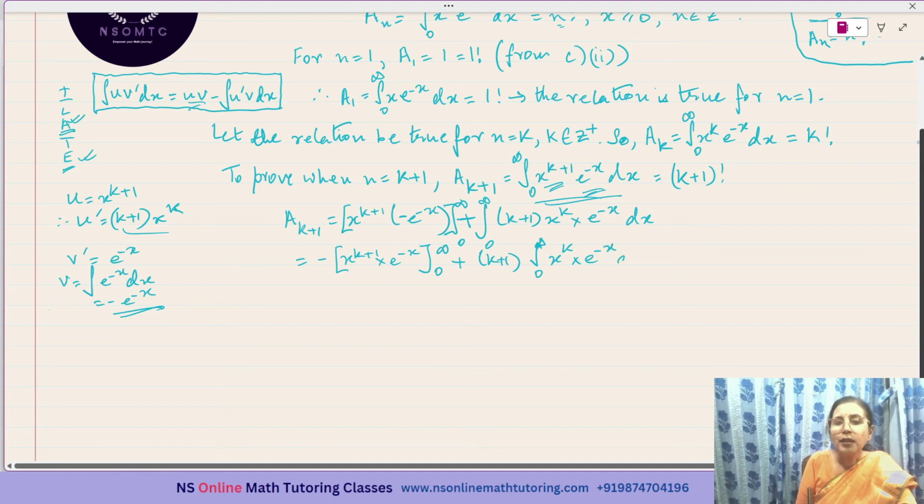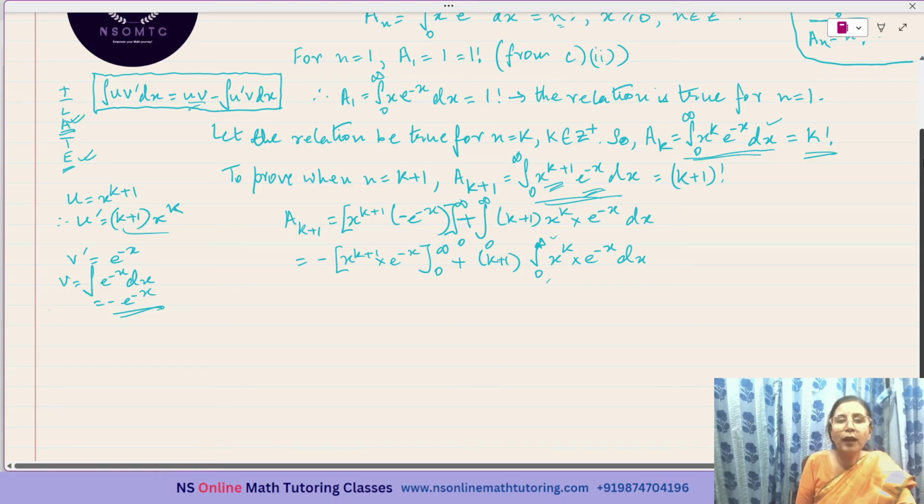Okay, dx. And what is x to the power of k times e to the power of negative x? You see, x to the power of k times e to the power of negative x, when integrated with respect to x, the limits of integration being 0 to infinity, the same as over here, is equal to k factorial, which we have assumed to be true.